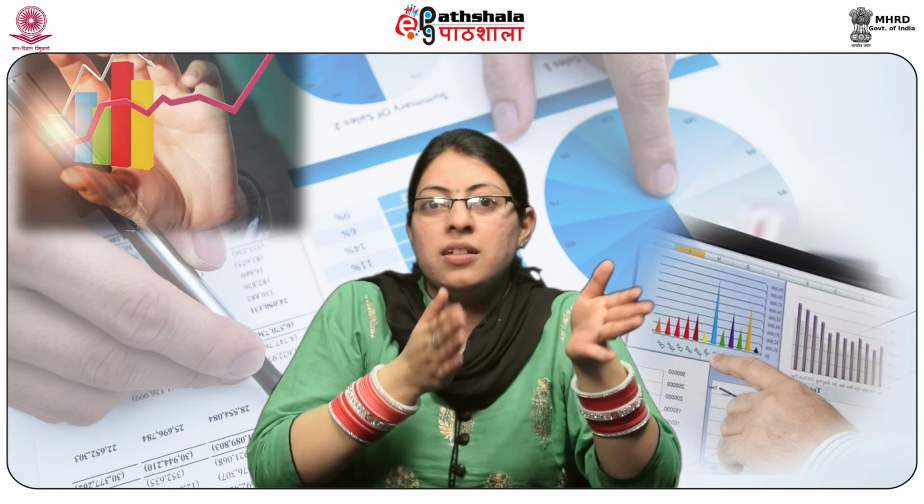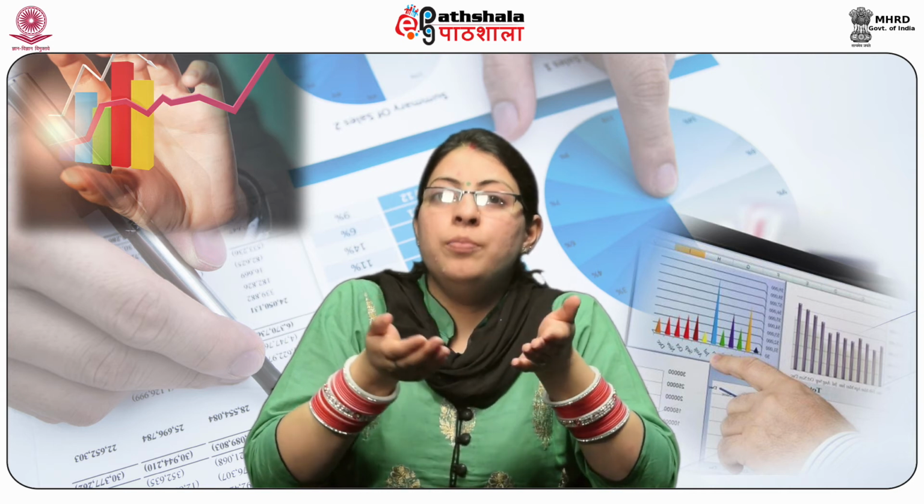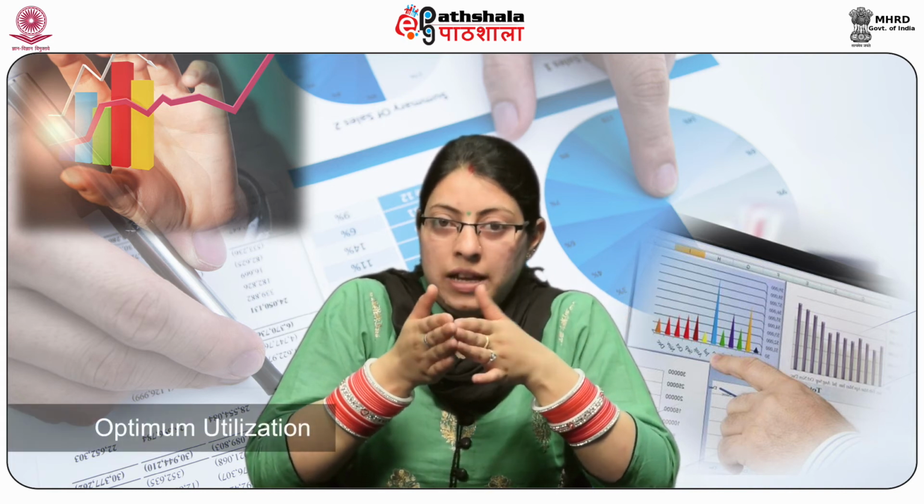Efficiency ratios. Funds are invested in various assets in business to make sales and earn profits. The efficiency with which assets are managed directly affects the volume of sales. Optimum utilization of available resources is very important in every organization.